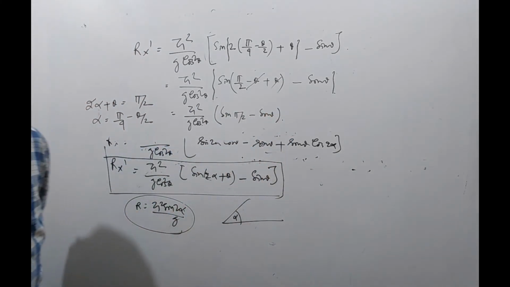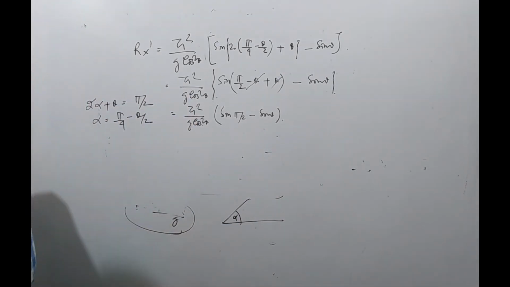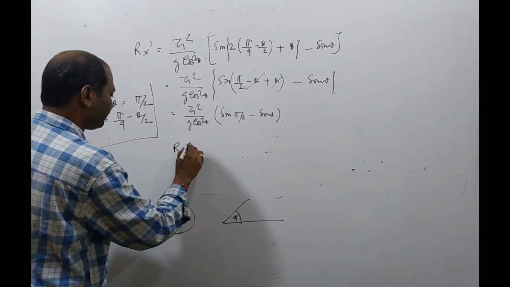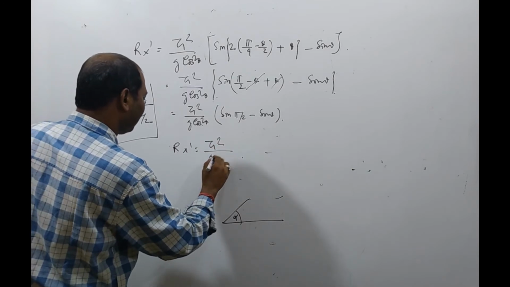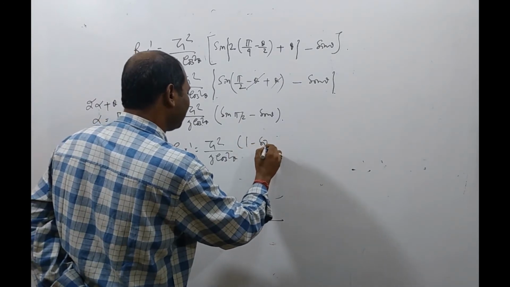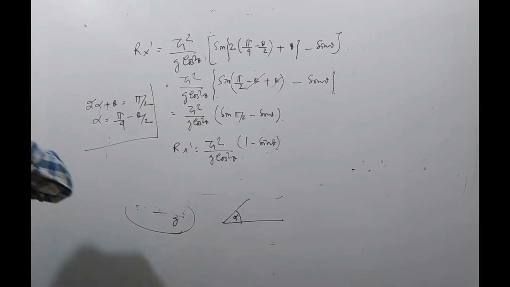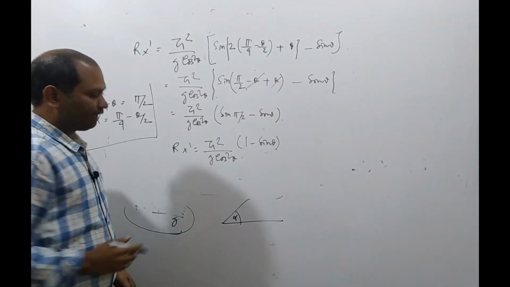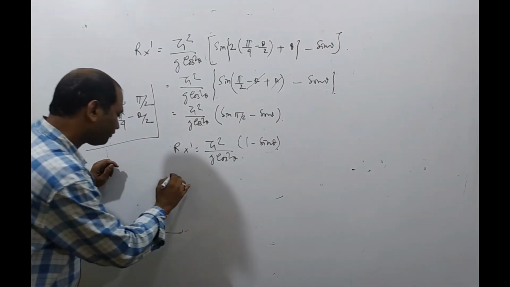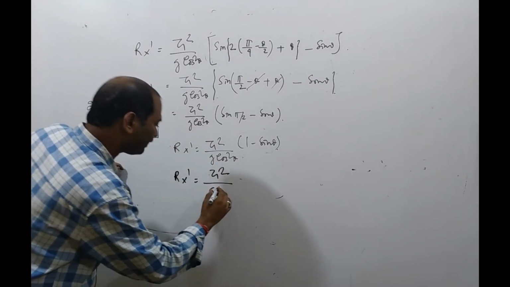Or R x dash is equal to u square by g cos square theta into 1 minus sin theta. Cos square theta can be expressed in terms of sin theta: it is 1 minus sin square theta.